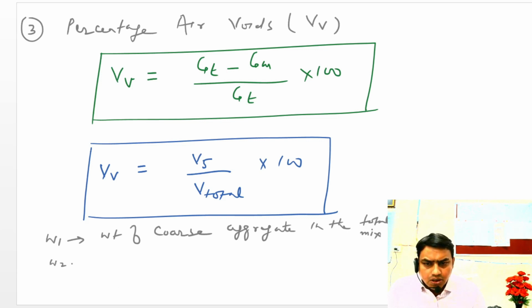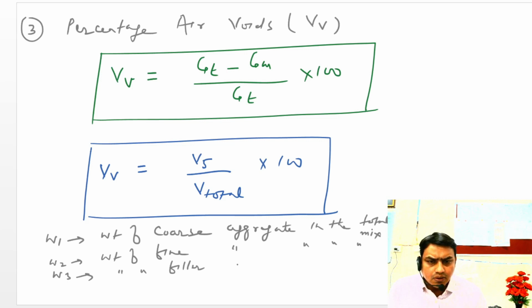Similarly, W2 is the weight of fine aggregate in the total mix. W3 is the weight of filler in the total mix. W4 is the weight of bitumen.